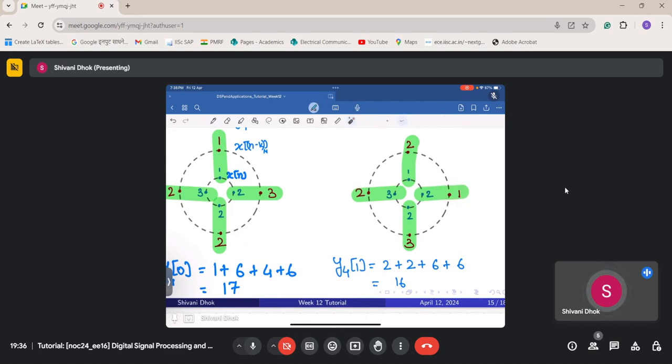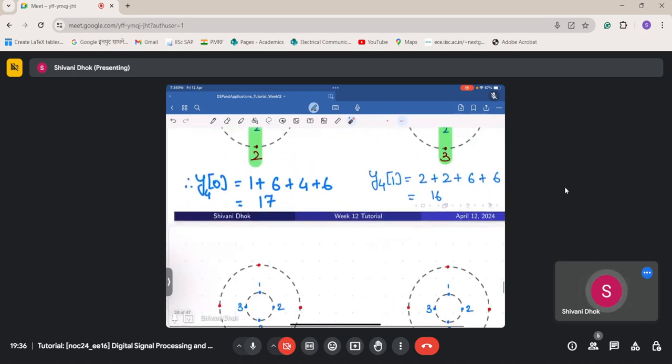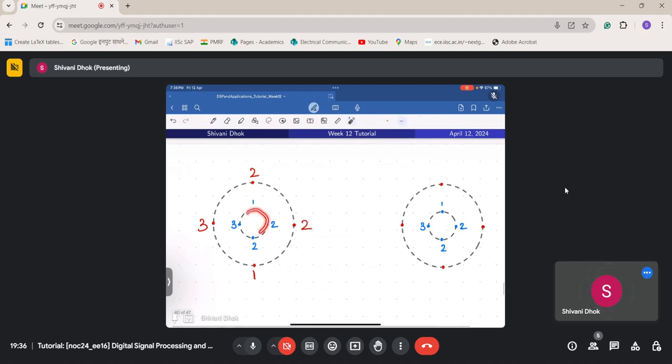Now for y4 at 2, I'll shift it by 1 unit more. So now my 1 will start here. Now in the anti-clockwise direction, I'll write the signal because the increasing direction of k was clockwise, like this. Now again, I'll do element by element multiplication, like this.